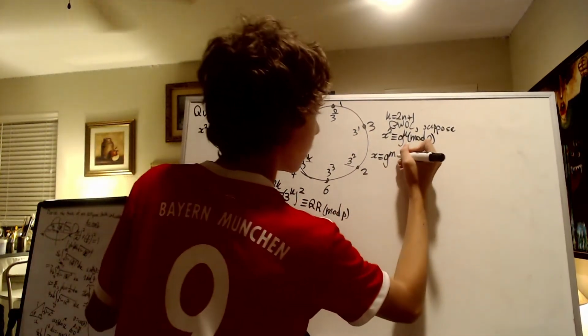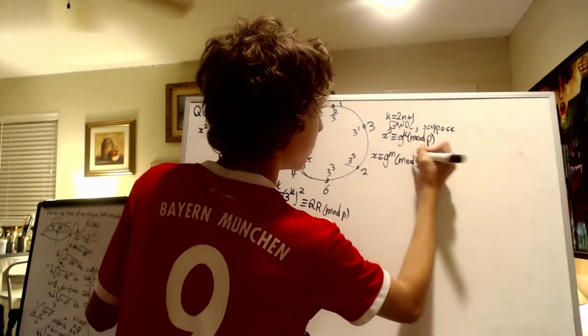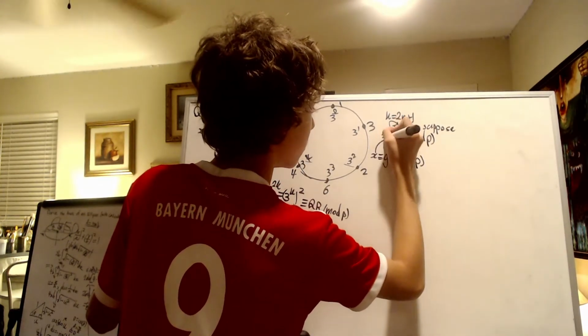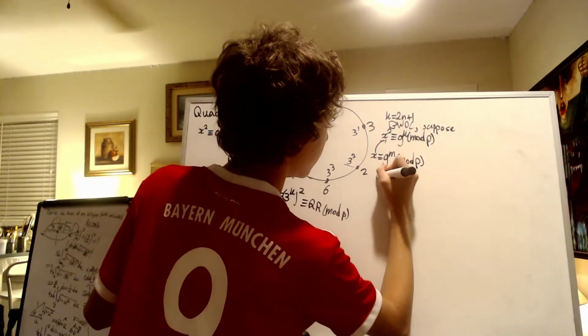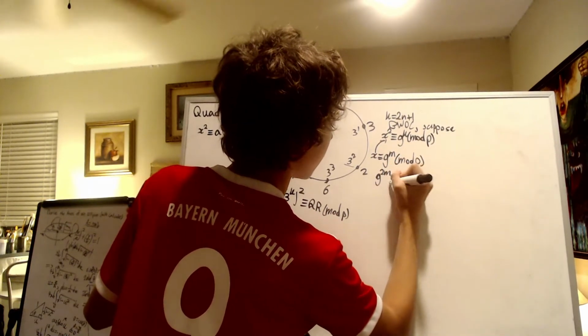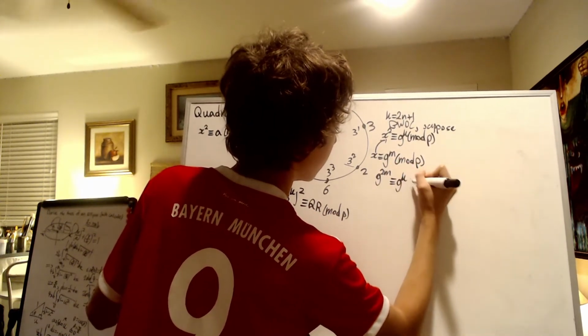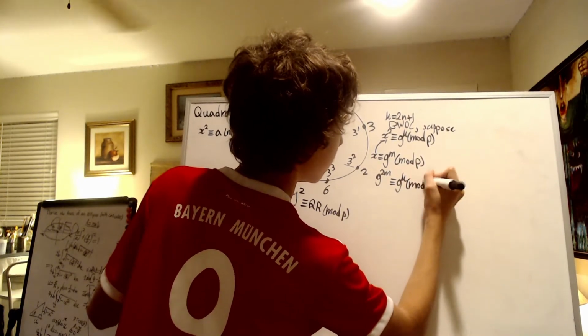Mod p. So plugging that in, we're going to have g to the 2m is congruent to g to the k mod p.